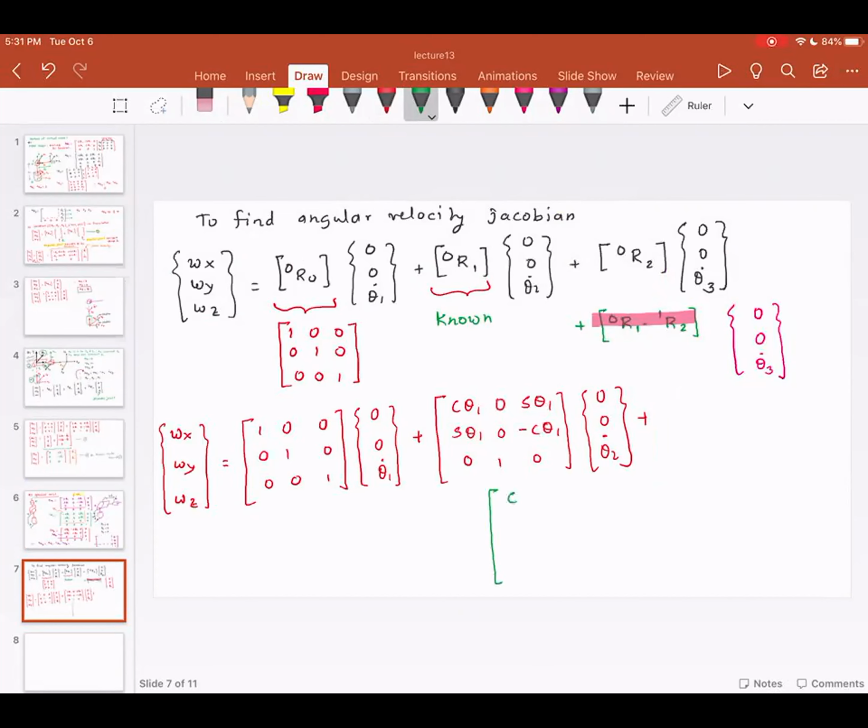And this is going to be cosine theta 1, sine theta 2, sine theta 1, cosine theta 1, cosine theta 2, minus sine theta 1, sine theta 2, cosine theta 1, cosine theta 2, sine theta 1, cosine theta 2, 0, sine theta 2, multiplied by 0, 0, theta 3 dot.